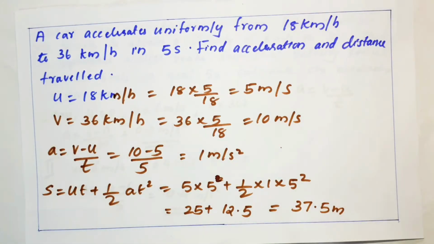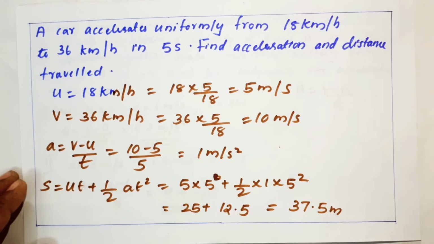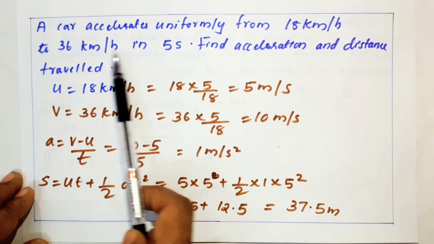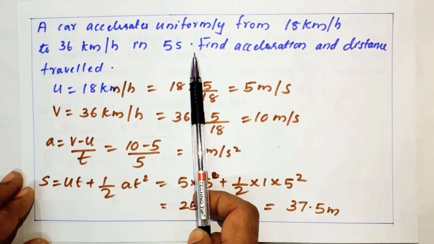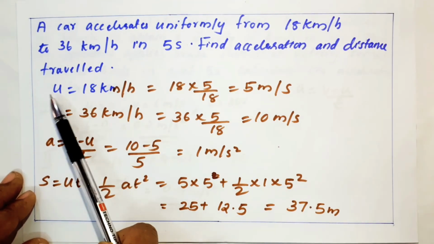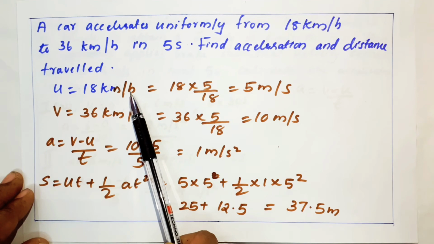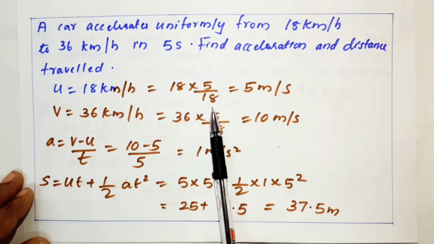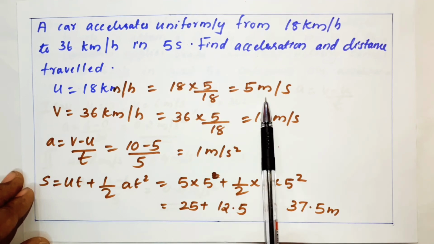I'll do a question. A car accelerates uniformly from 18 km per hour to 36 km per hour in 5 seconds. Find acceleration and distance. What I did is, u is 18 km per hour, I converted to meter per second, that is 18 into 5 by 18, 5.